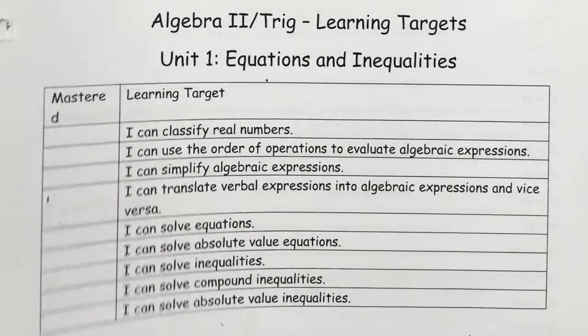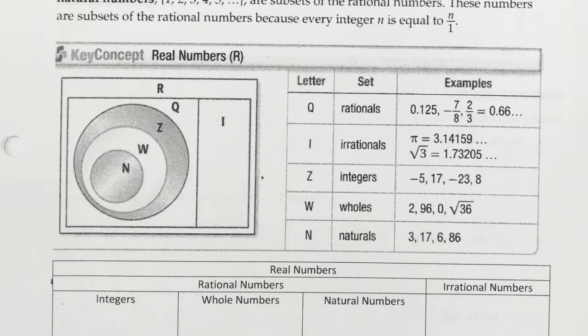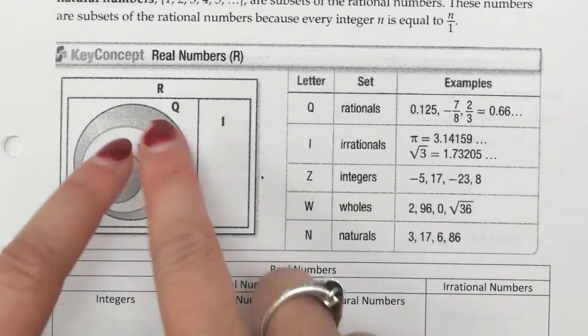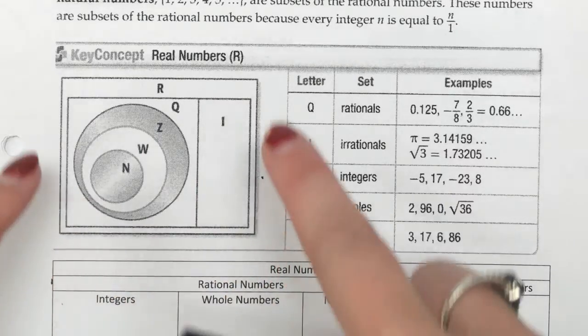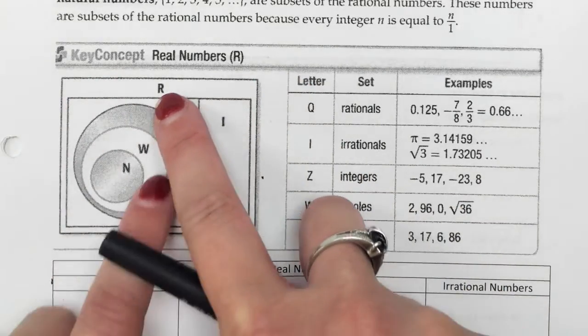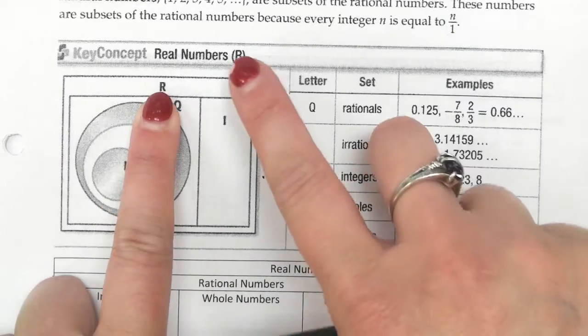Okay, so let's flip to page 1. Right here. See that little chart? That's going to be your little friend. Every single number is in this box. Every single one is classified as what? How'd you know that R stood for real?